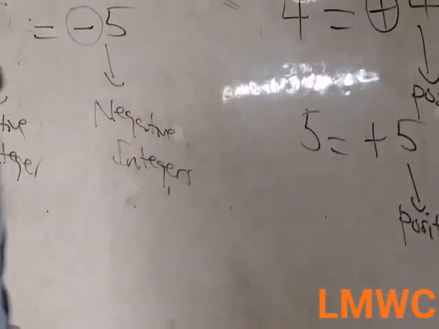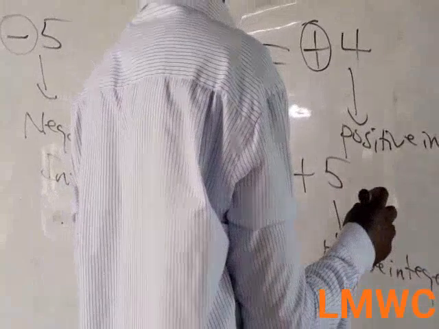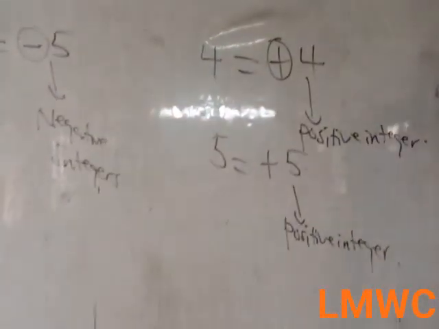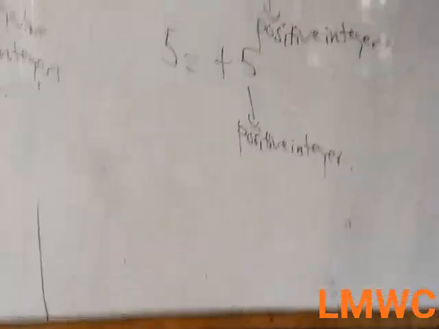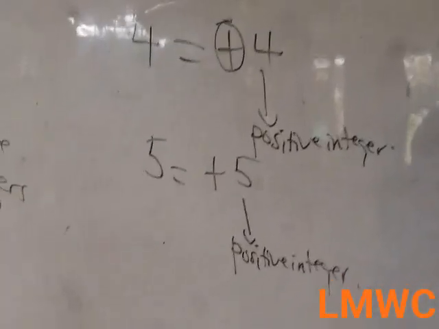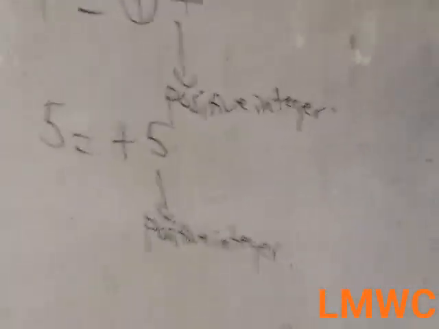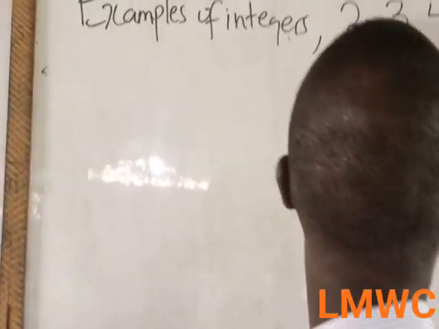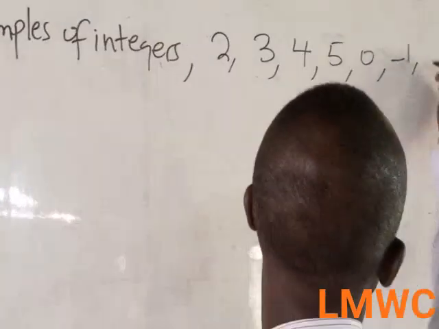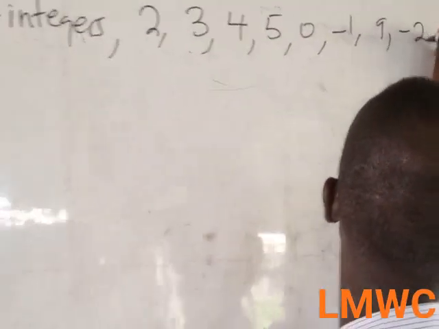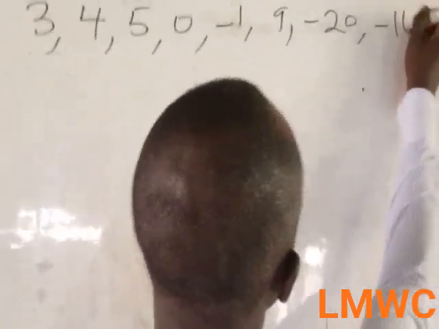So examples of integers. We have 2, 3, 4, 5, 0, -1, 9, -20, -11.